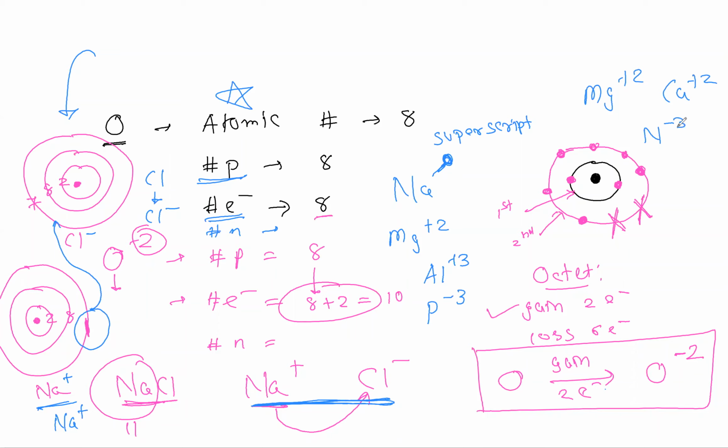In this case, if we are talking about protons, it doesn't apply. By looking at the superscript number, it doesn't reflect protons at all. To find out the protons, all you need to see is the symbol. Once you find out the symbol, go to the periodic table, see what the atomic number is, and that is the number of protons.